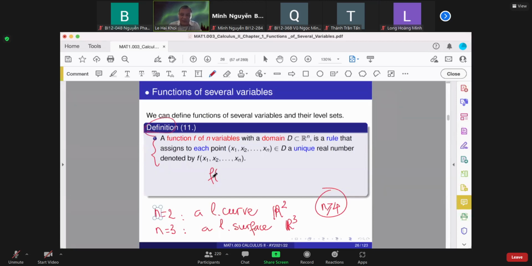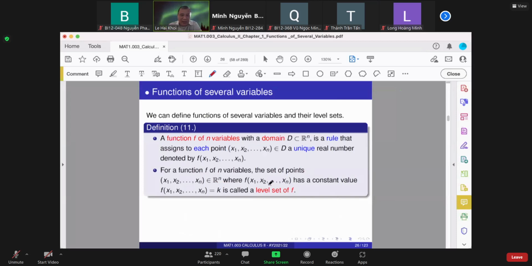But for the level set, you have to find all points (x1, x2, ..., xn) at which f is a constant, and it is called no more a curve or surface, because it is no longer in R2 or R3. It is called a level set. So remember that: level set for the case n bigger than or equal to 4.